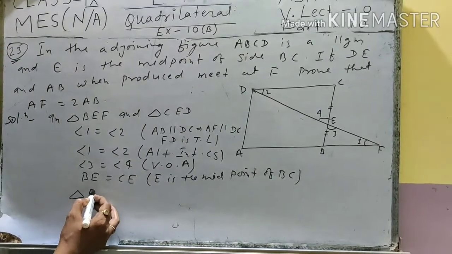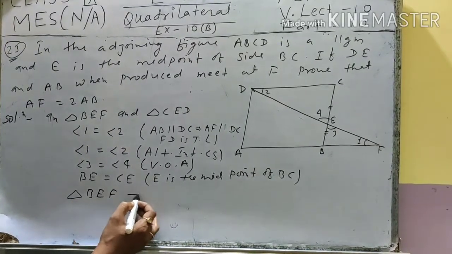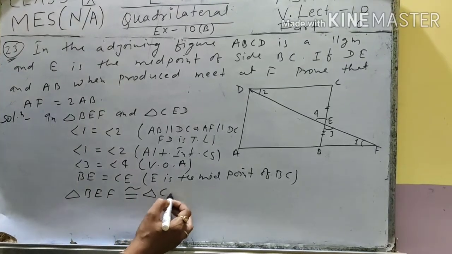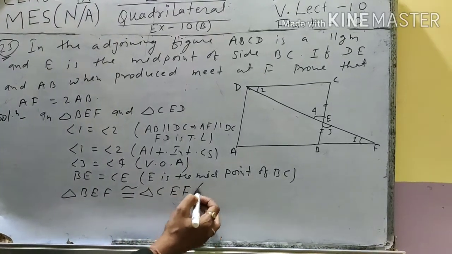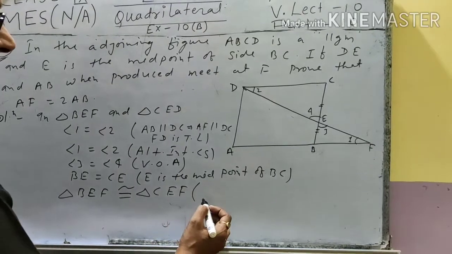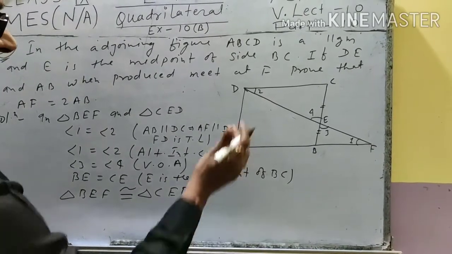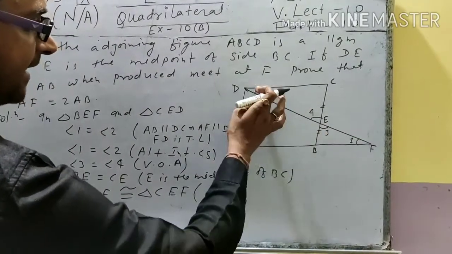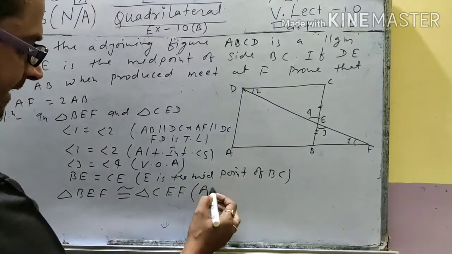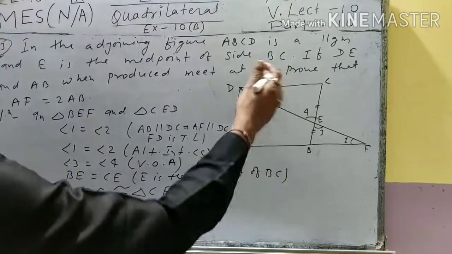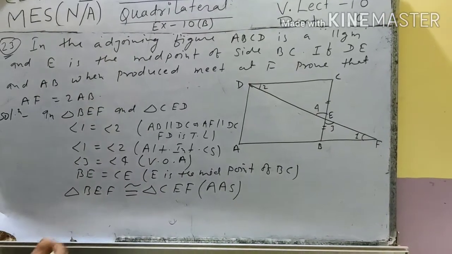So triangle BEF is congruent to triangle CED. The reason is angle side. By angle side criteria, these two triangles are congruent.